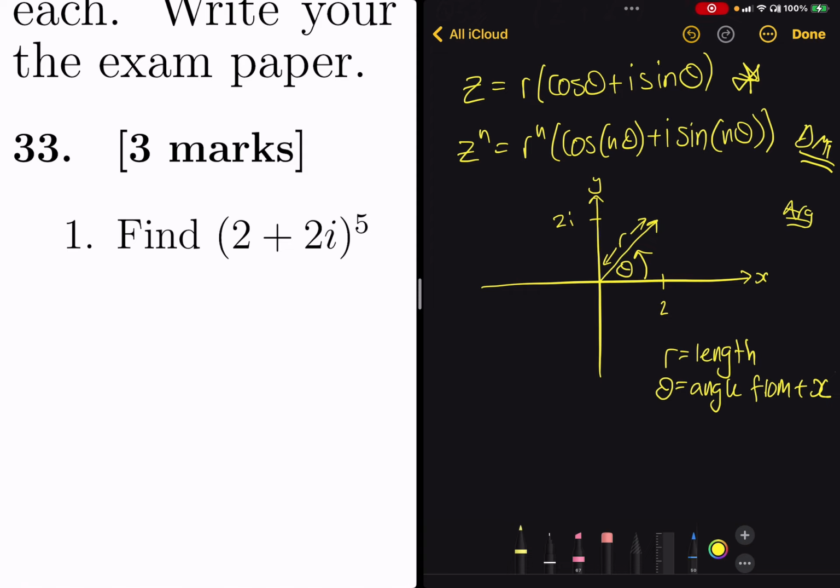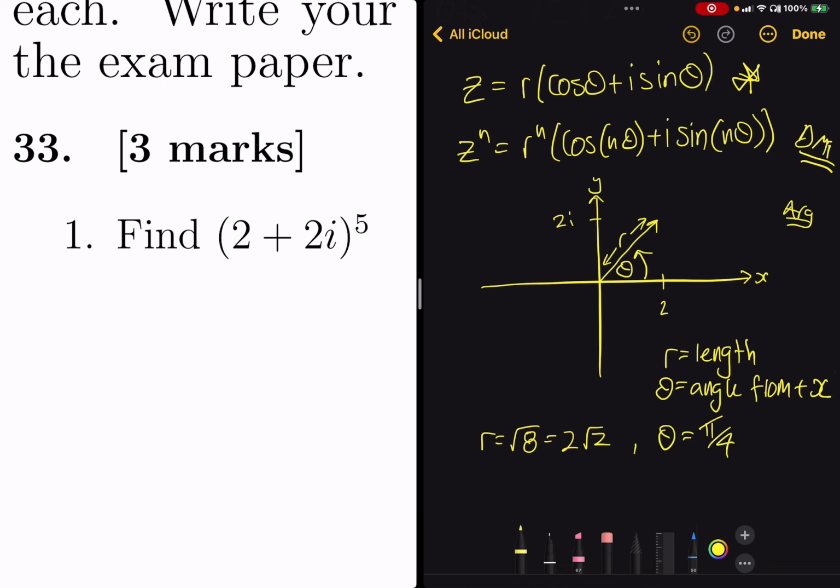So this is just a right triangle. The base is 2, the height is 2. So r is going to be the square root of the sum of squares. That'll be the square root of 8, which will be 2 root 2. The angle, because the slope is 1, it goes across by 2, up by 2, the angle has to be 45 degrees. So theta has to be pi on 4.